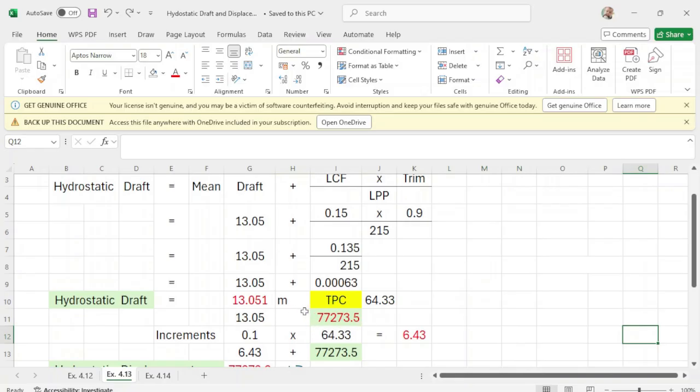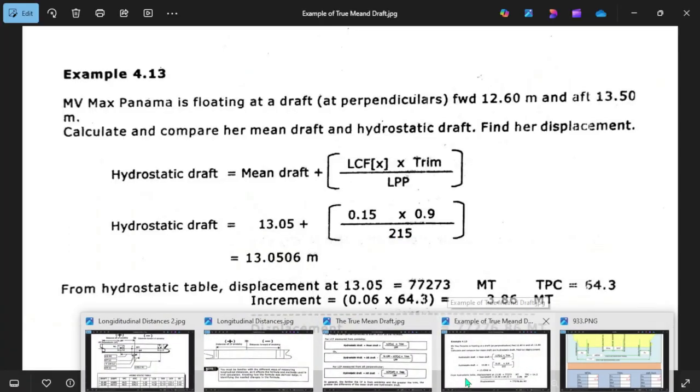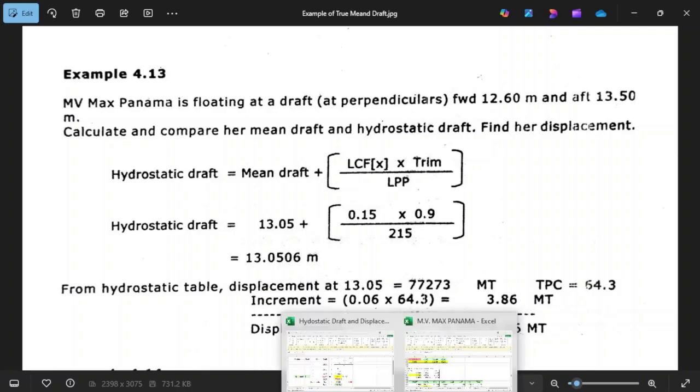Okay, what will be the TPC of 13.051? TPC is 64.33.